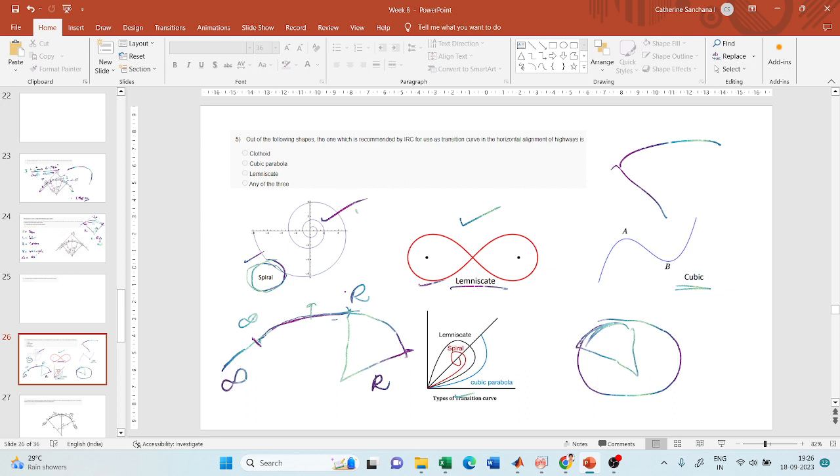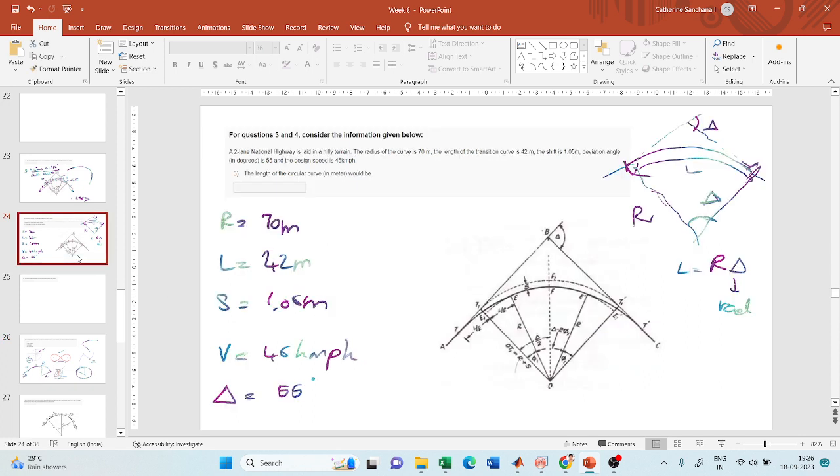So when you come back to this question, here it is the start of the transition curve. Its radius is infinity.